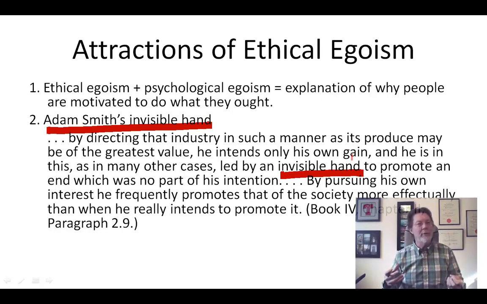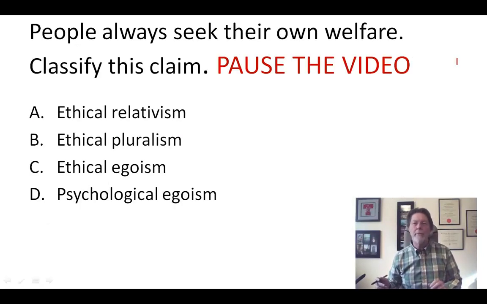They wanted to produce what was best for them, but they're led by an invisible hand to promote the interests of society more effectually than when he really intends to promote it. Okay, so this is an argument that if people are egoists within a market society, then we will promote the good of the society. And that's another attraction that people have for ethical egoism.